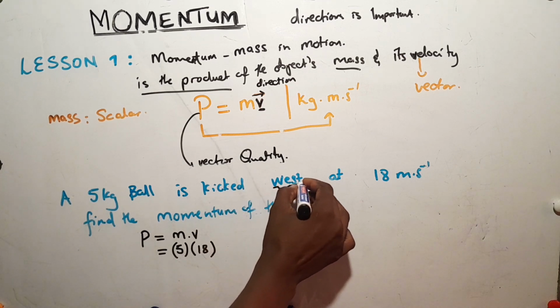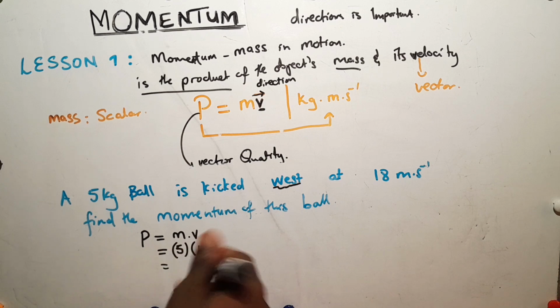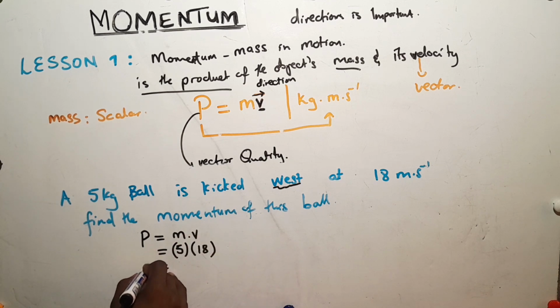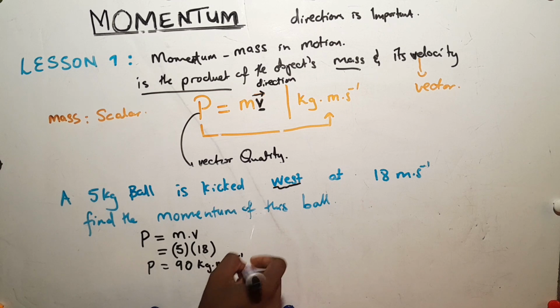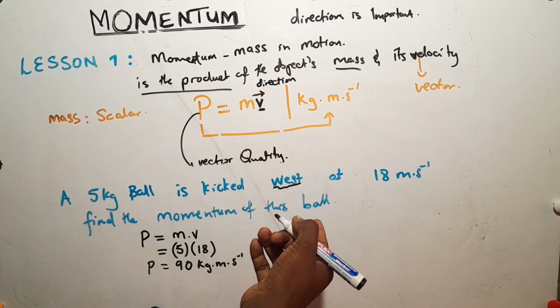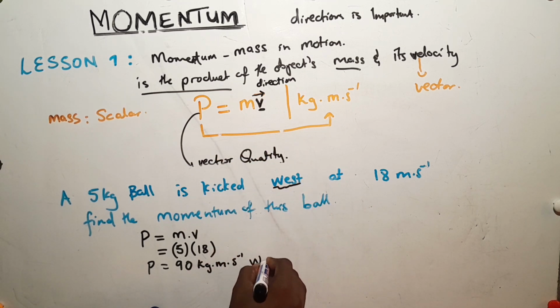Punch that in your calculator: the momentum equals 90 kg m/s, and the direction is west. So that is how we can calculate the momentum of an object. Always remember that momentum is a vector quantity.